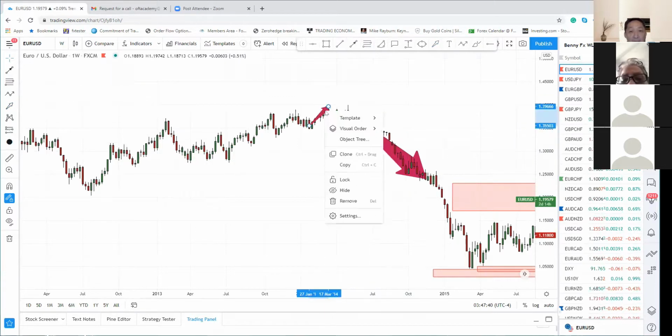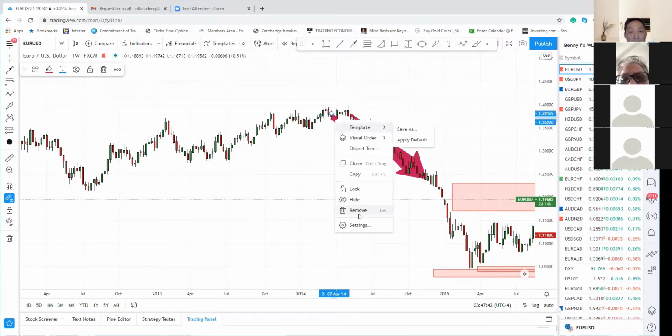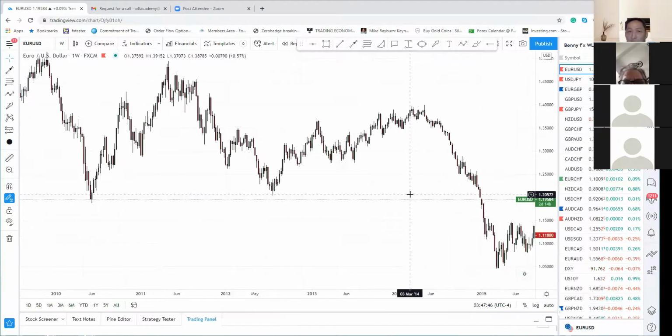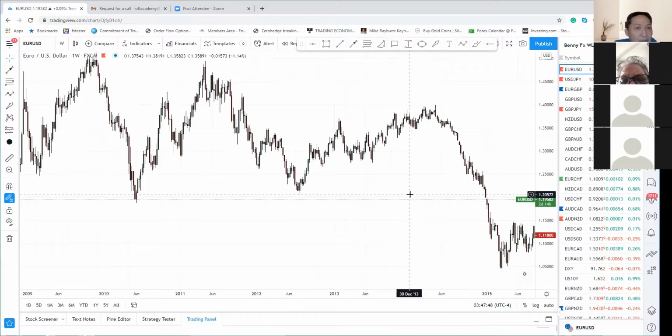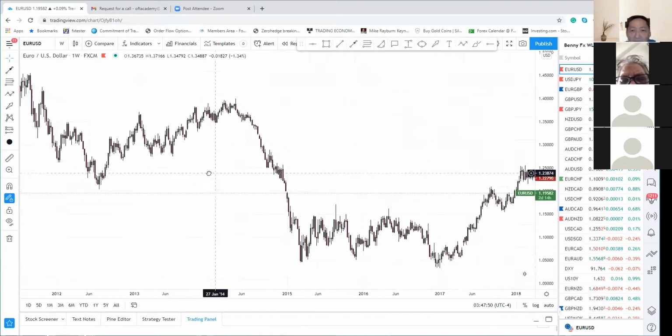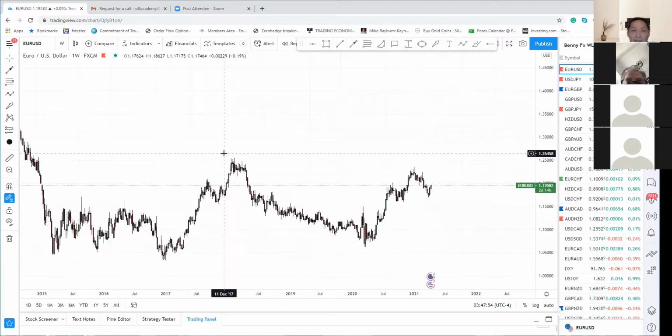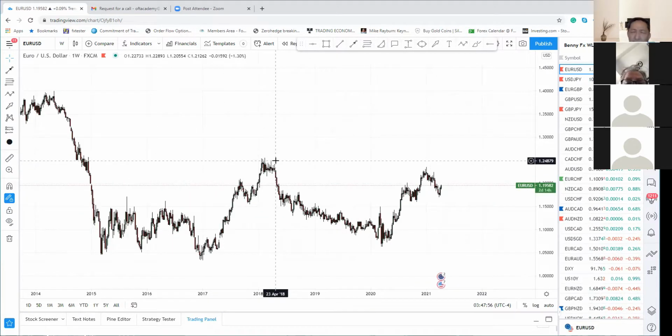Can you expand a bit on how a gap is created? Well, a gap is created because there is, how do you call it, an imbalance? Inefficiency.